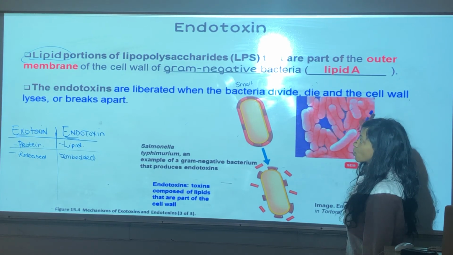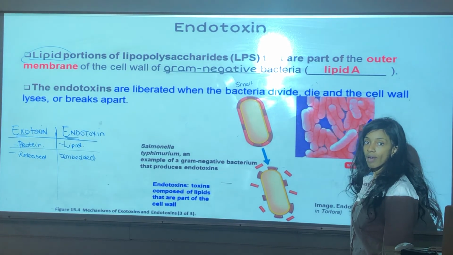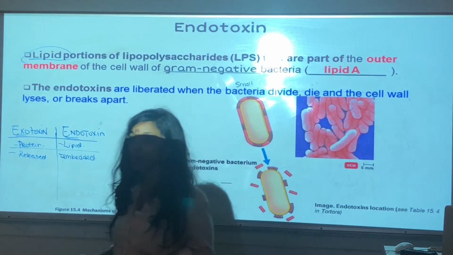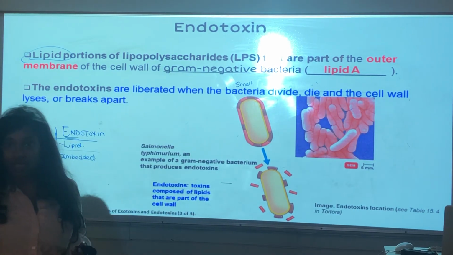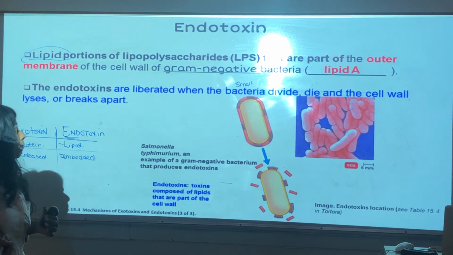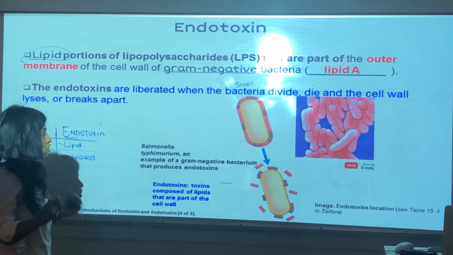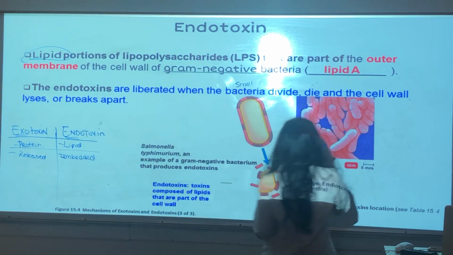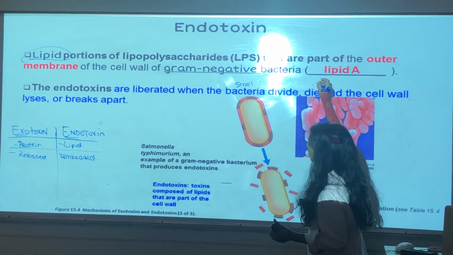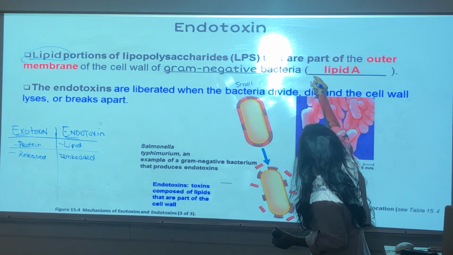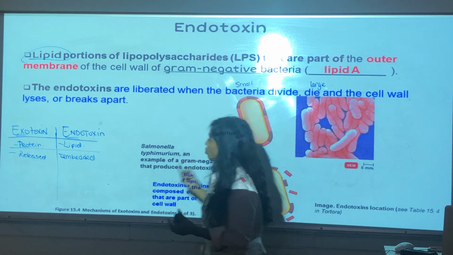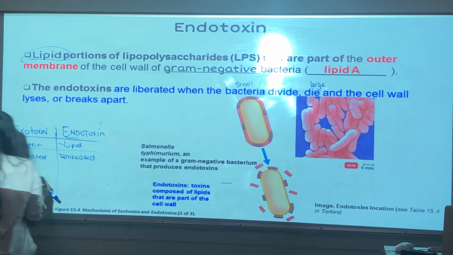So when will the gram-negative cell die? It will either die because the phagocytes are eating it, or maybe it doesn't have enough nutrients to survive anymore, or maybe you're taking some sort of medication. Dying will release larger amounts of the lipid A. When they divide, small amounts are being released.